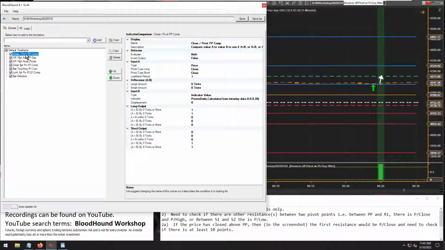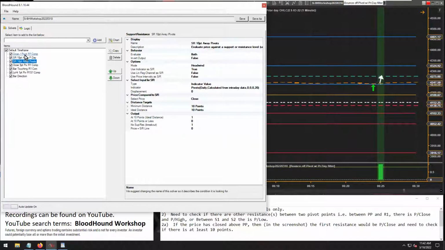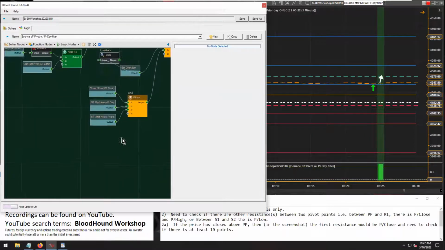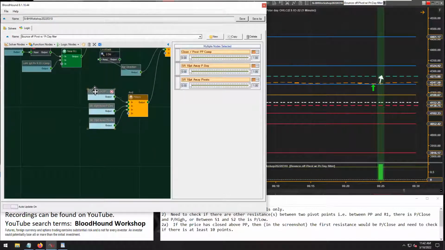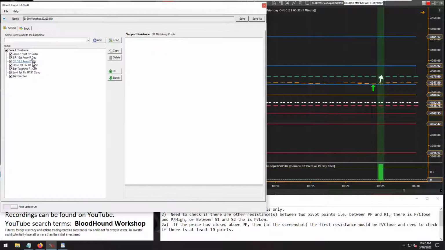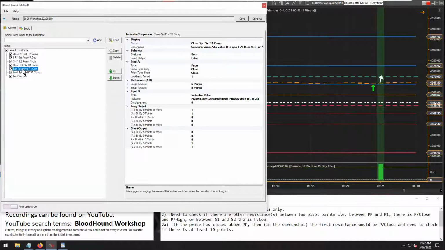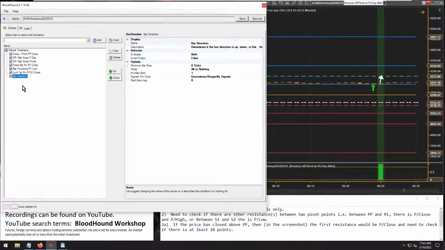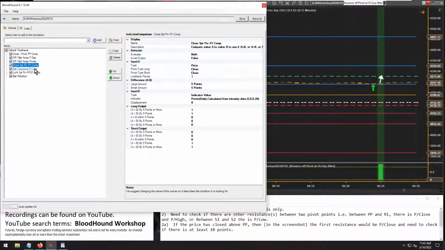There, right? So remember, the first three solvers that we created were for the filter. Looking at the names, we can see that those first three solvers were the filters that we made here. That's these first three. So the solvers below them are what's actually analyzing R1.